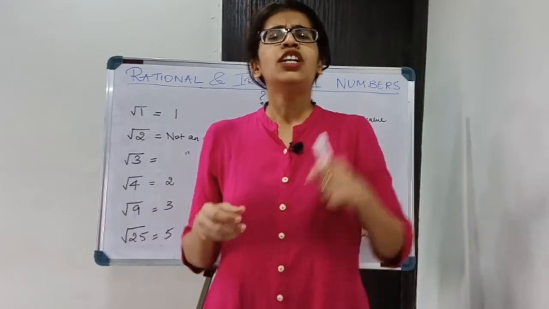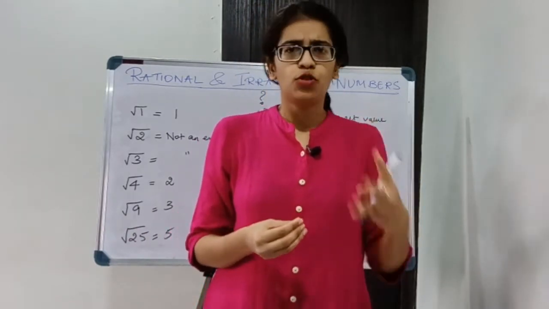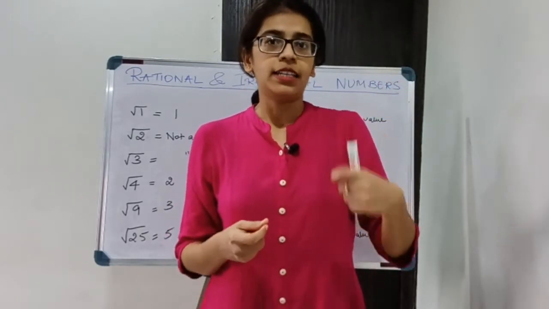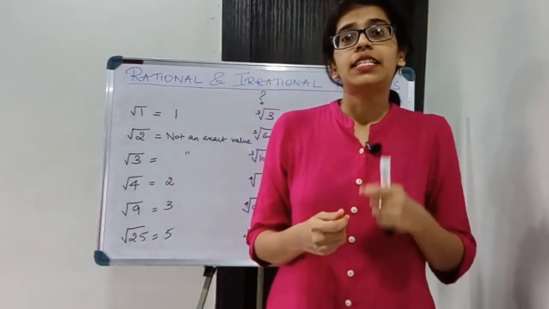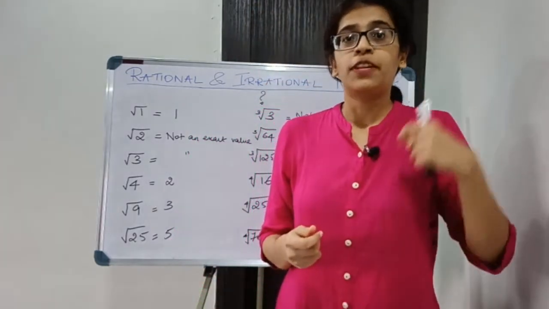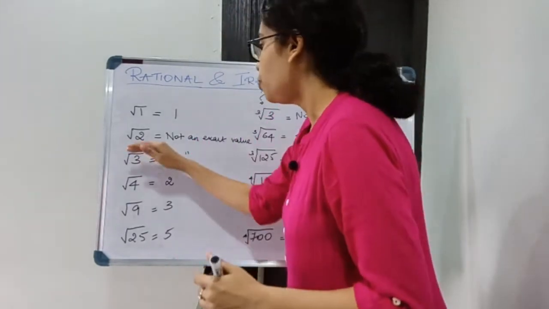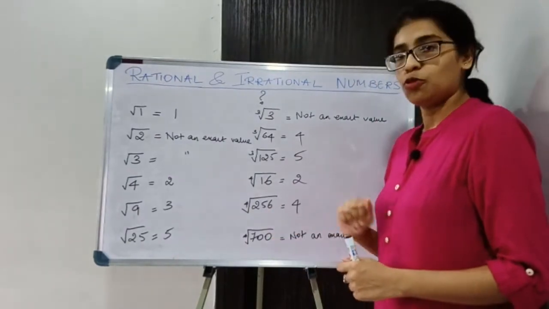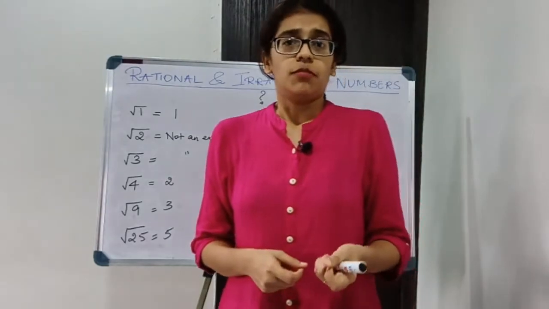So basically, the root of a rational number, be it square root, cube root, fourth root, fifth root, if you are not getting an exact value, exact number, then it is an irrational number. The root of that number is an irrational number. So root 3, root 2, cube root of 3 and fourth root of 700 are irrational numbers.